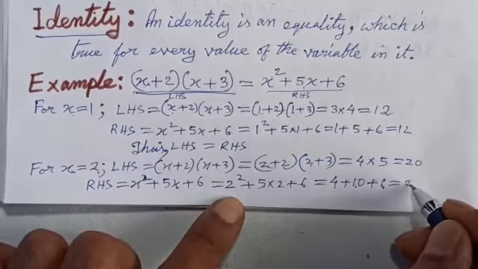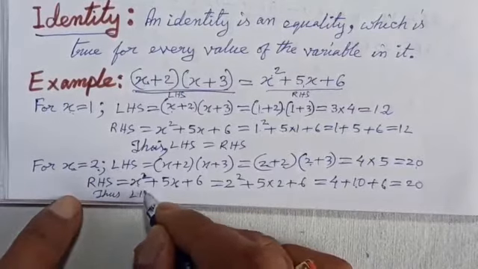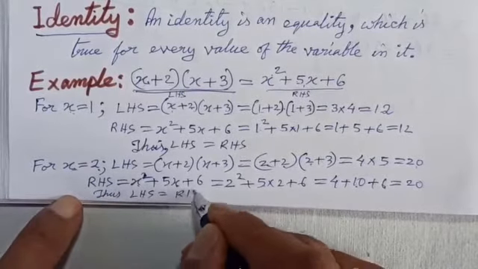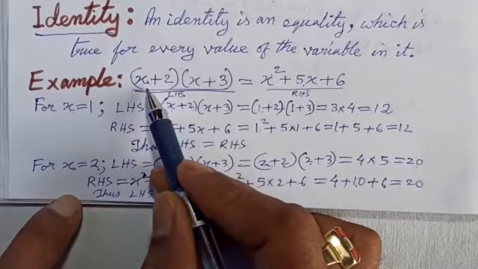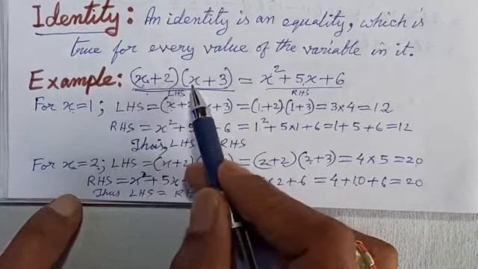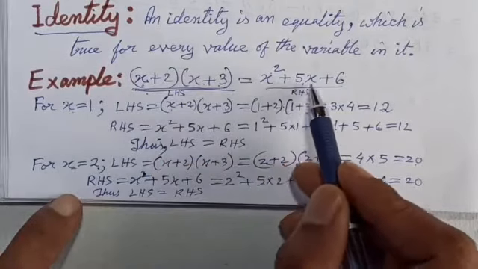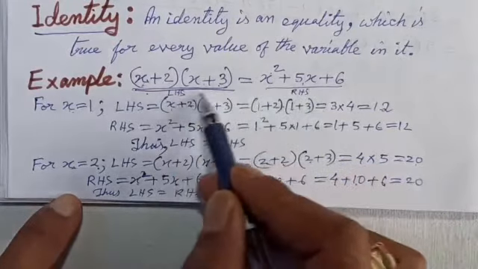And we see that 20 and 20 are equal. Thus, left hand side is equal to right hand side. So, for every value of the variable x, (x plus 2)(x plus 3) is equal to x squared plus 5x plus 6. This is true. So, this type of equality is called an identity.